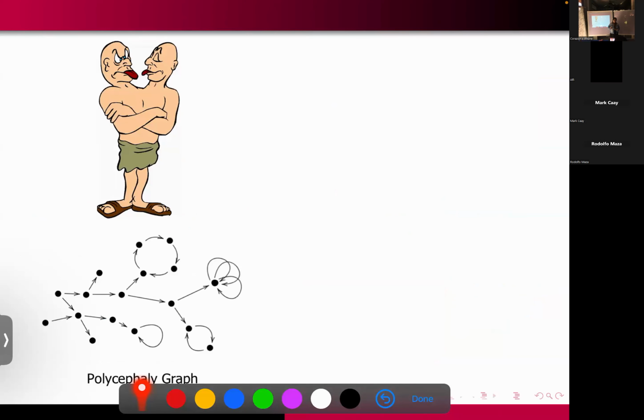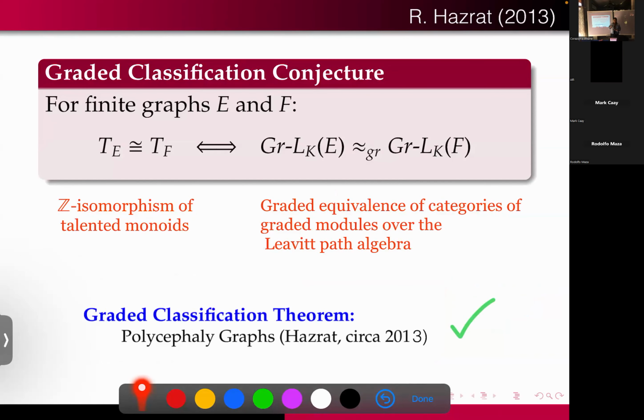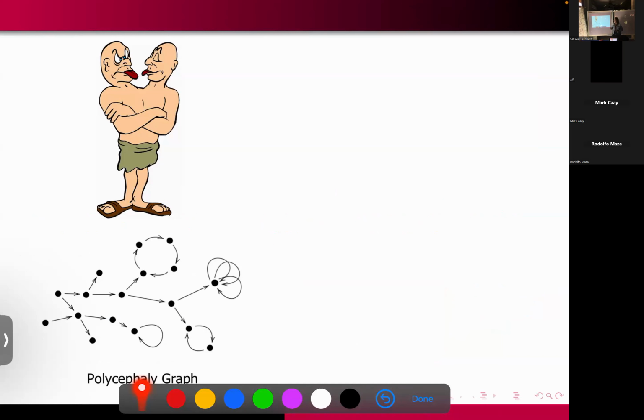All right. So what's a polycephaly graph? If we remember, the graded classification conjecture is true for polycephaly graphs. If you know polycephalic creatures, they are creatures having one body and multiple heads. Similarly, it looks like this example here, where I have one body given by your paths, or maybe this is the neck, and you have multiple heads.